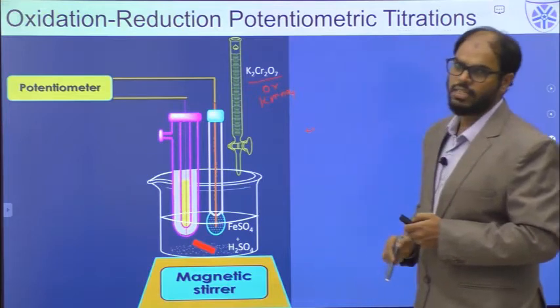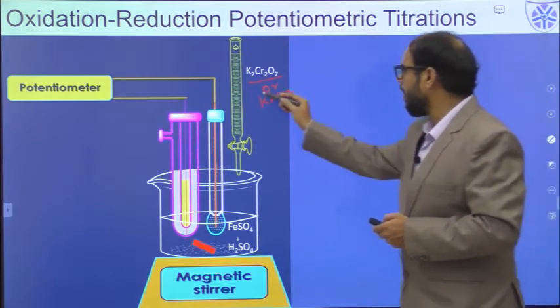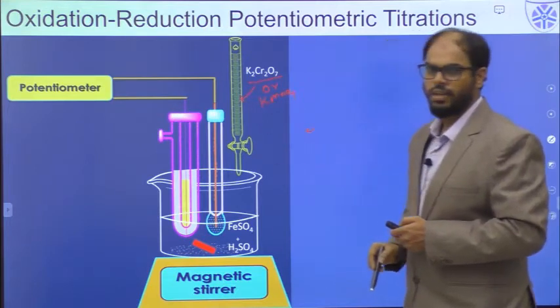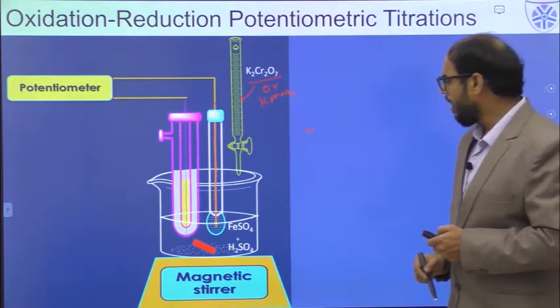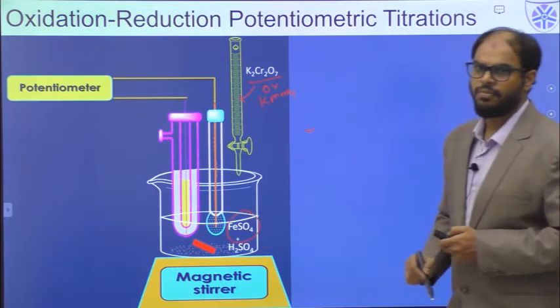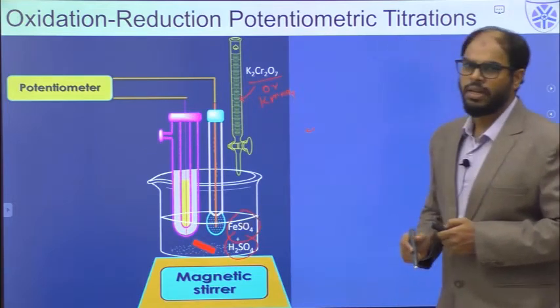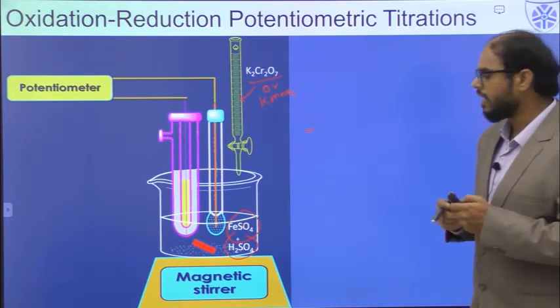These oxidizing agents are taken in the burette as the titrant, and we are going to take ferrous sulfate as the analyte. The reaction of ferrous sulfate and potassium dichromate is enhanced by sulfuric acid.